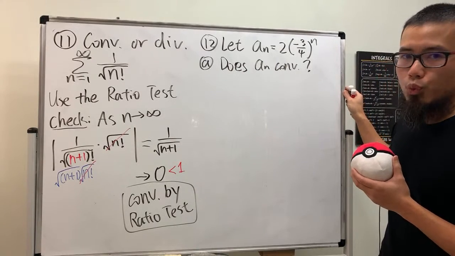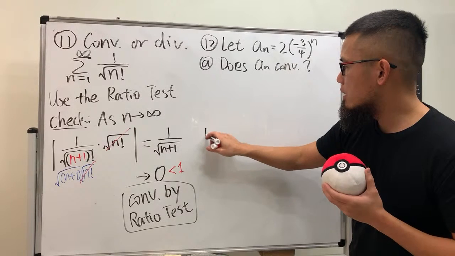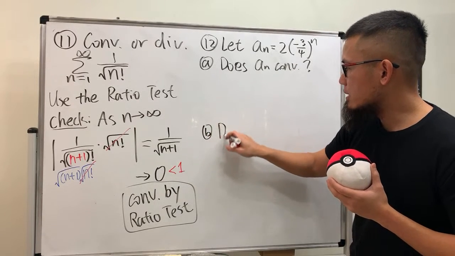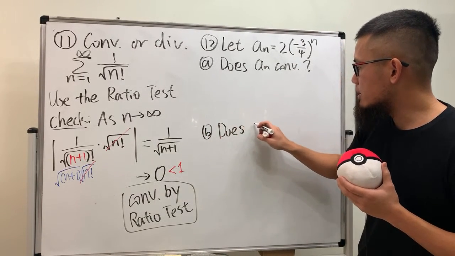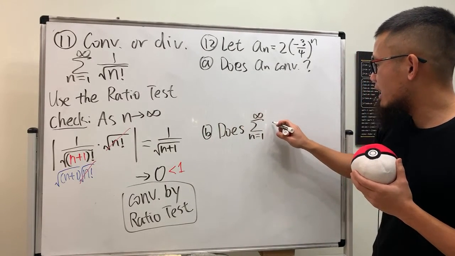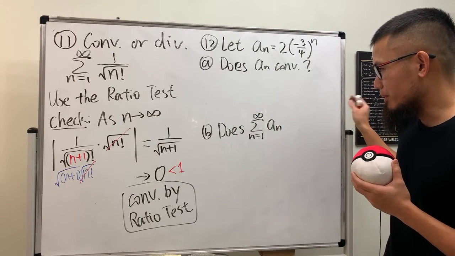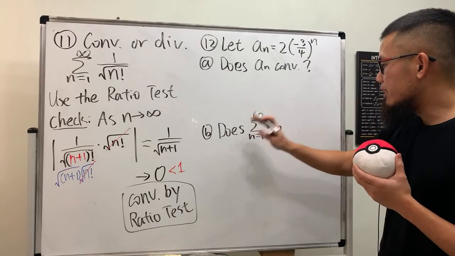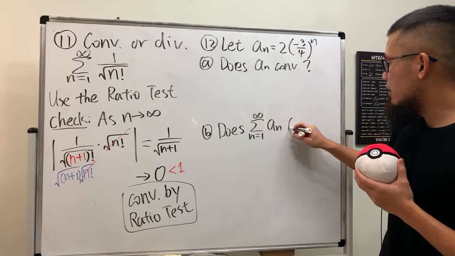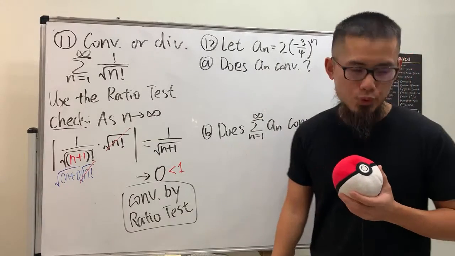If so, to what value? And then for B, the question is, does the series as n goes from 1 to infinity, and you can see that I'm writing pretty slowly because the board is wobbling. But anyway, does the series of a_n converge? If so, to what value?